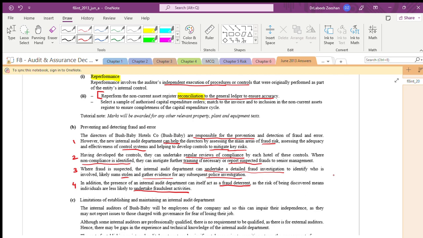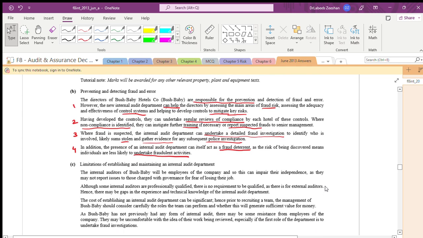Finally, because of the existence of an internal audit, people will be a little bit careful. It is a deterrent, and in future fraud will be less likely to be undertaken.